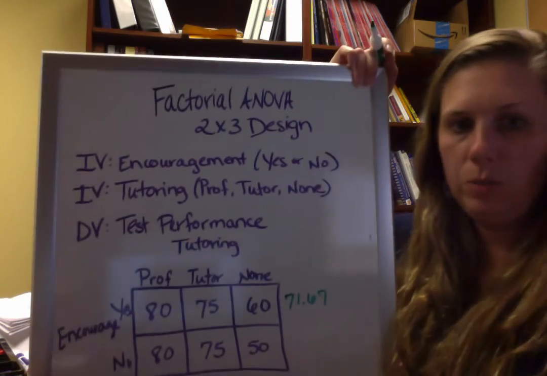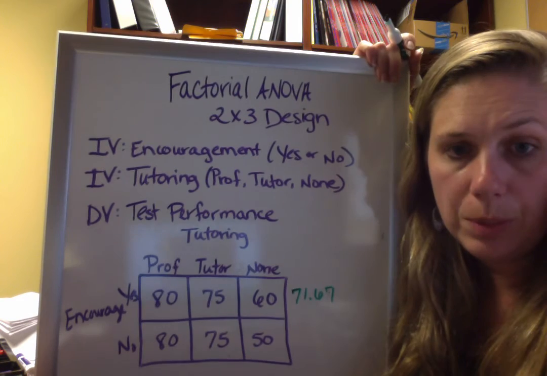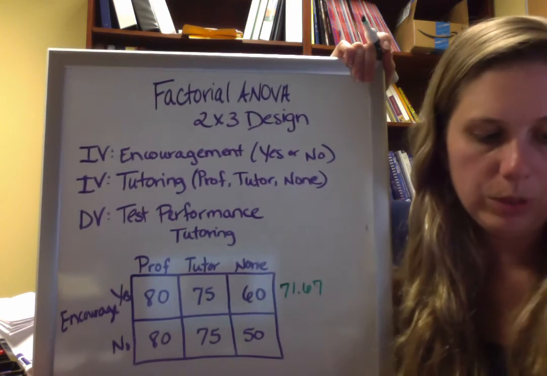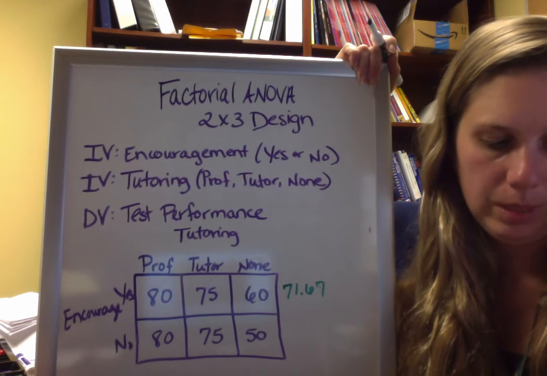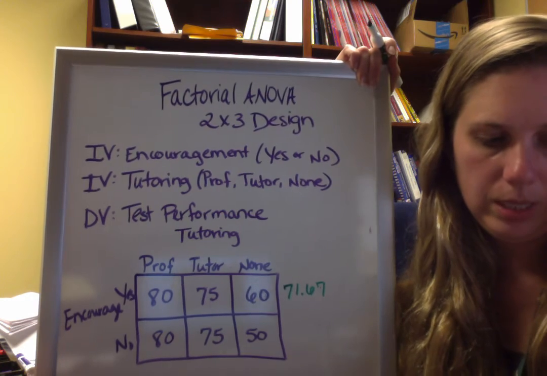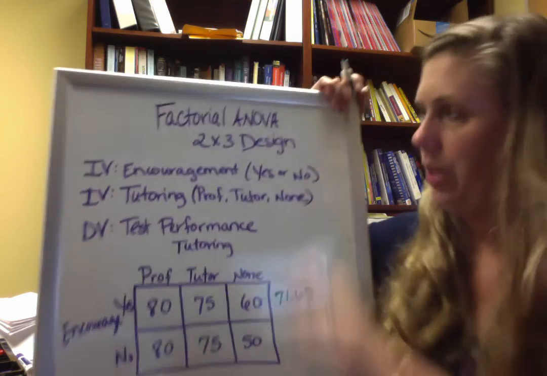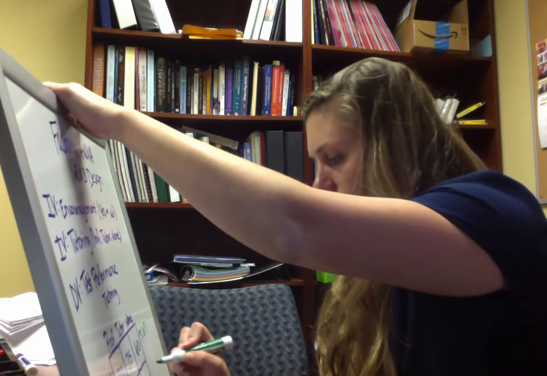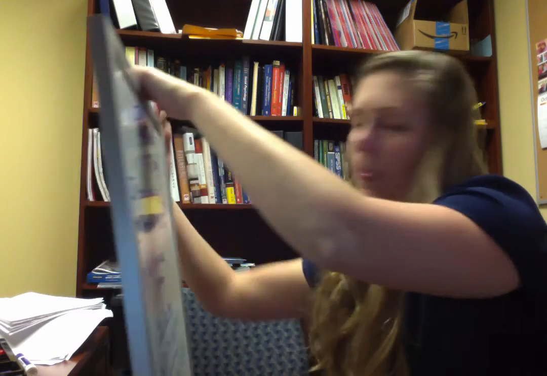Okay, 71.67. All right, so next I need to do the people who are not being encouraged. So similarly, I'm going to do 80 plus 75 plus 50 divided by 3, and I should get 68.33. All right.